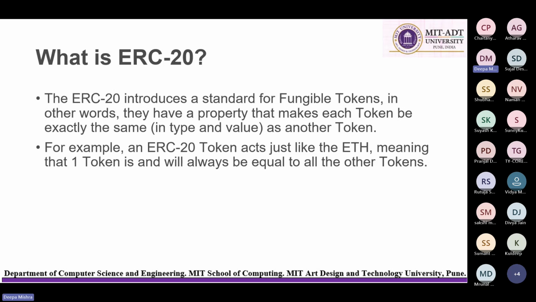When I say exactly the same, it may be in type or the monetary value as another token. So if I say one ETH in account 1 or one ETH in account 2, one ETH is of the same type and it carries the same monetary value.